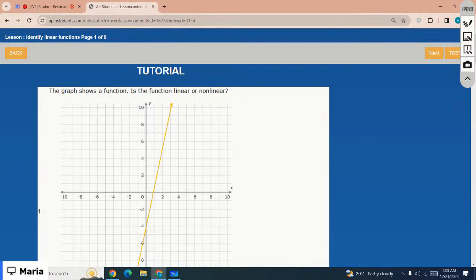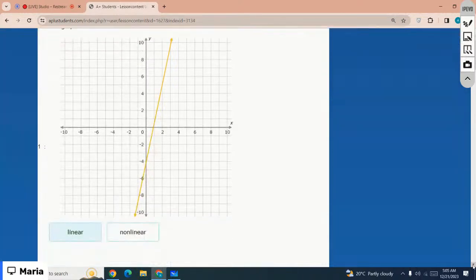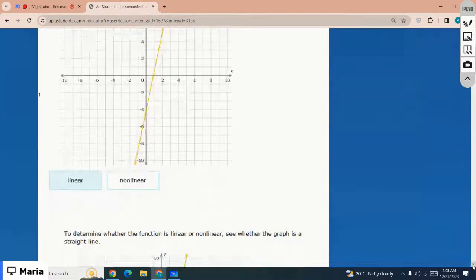The graph shows a function. Is the function linear or non-linear? According to the definition we just did, the function is a linear function if the graph is a straight line. You can see the graph is a straight line, so that would be a linear function. The correct option is linear function.